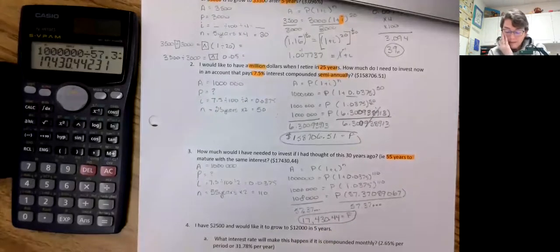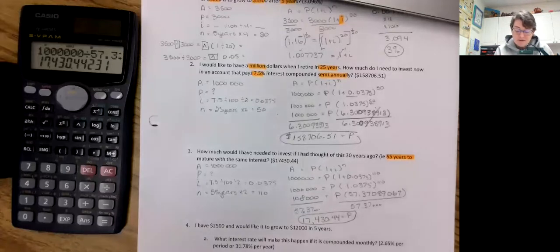So if 30 years ago, just graduating university, I'd been able to randomly store away $17,000 at a lovely investment of 7.5%, 25 years from now I'd have, make up the questions, live in the fantasy.